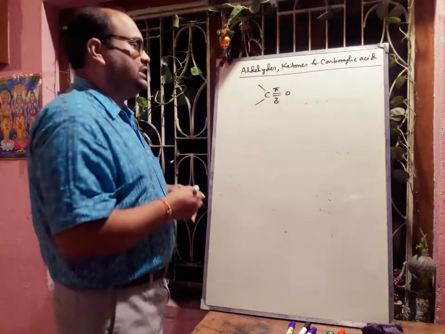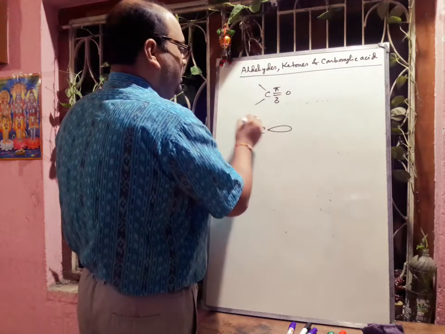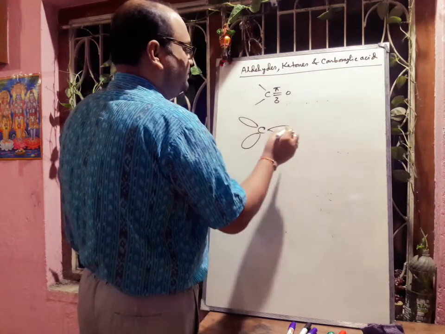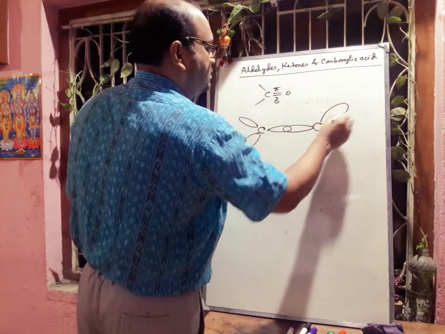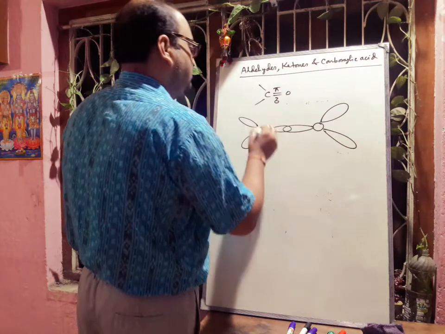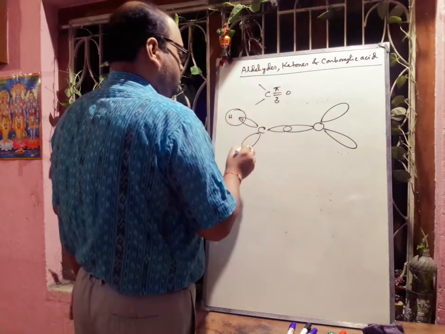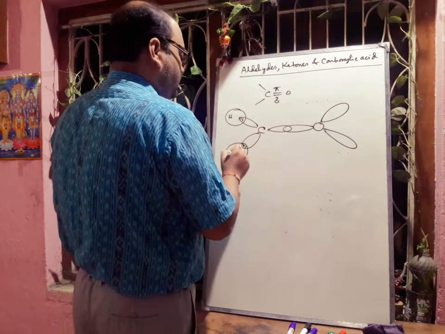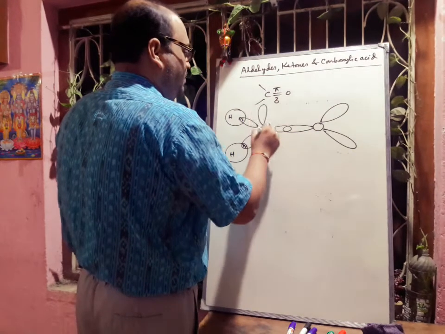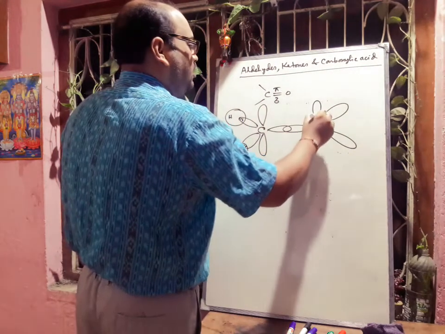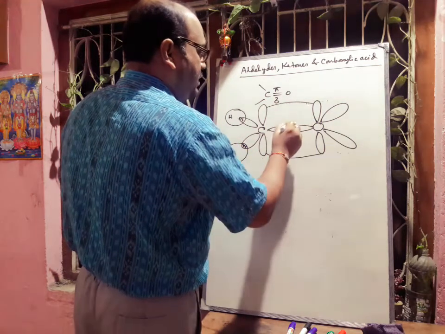If I draw the structure, then you can understand. This is carbon, sp2 hybridized, there are 3 hybrid orbitals, and this is oxygen, also sp2 hybridized. Now this hybrid orbital is overlapped by hydrogen, and one partially filled p orbital of carbon and oxygen will overlap sideways.